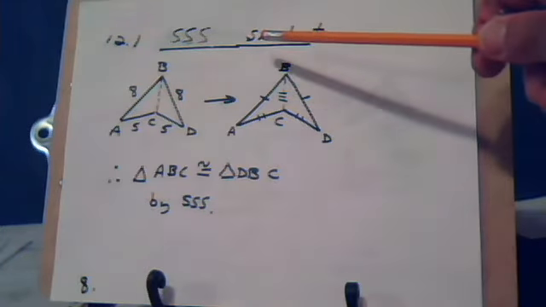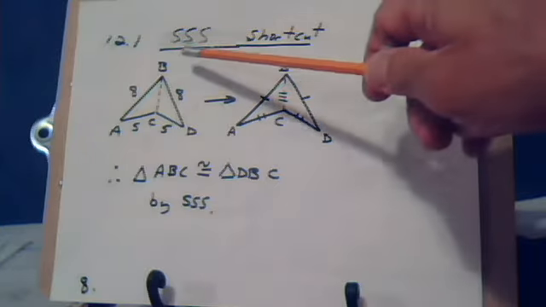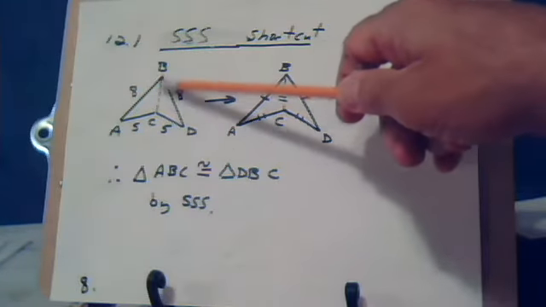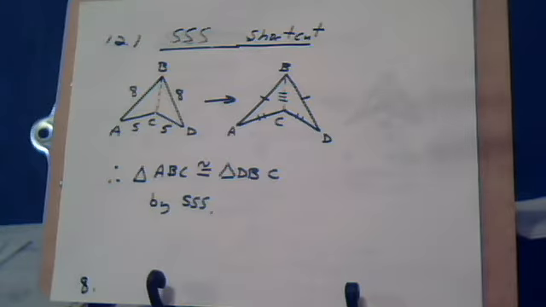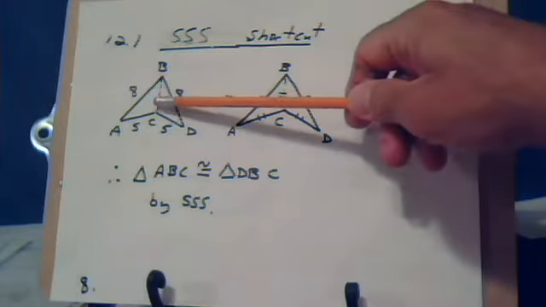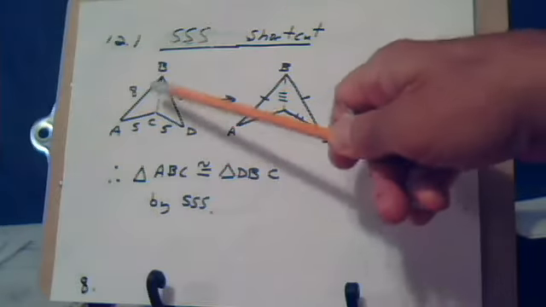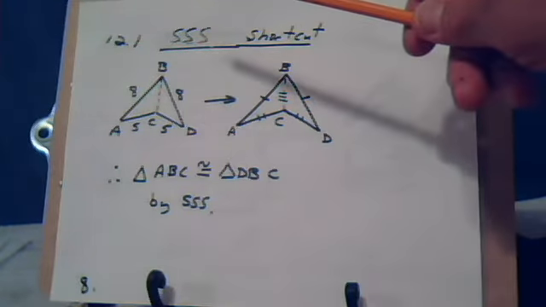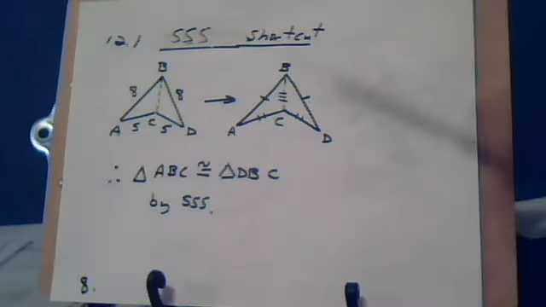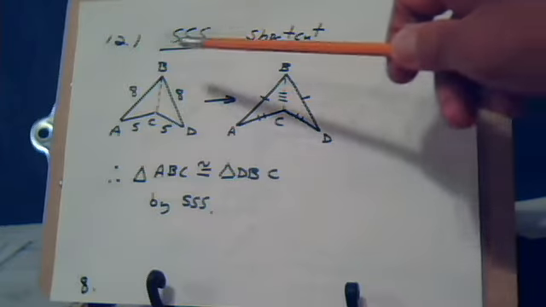This is a shortcut for congruence. So if you could demonstrate that three sides of one triangle are congruent to three sides of the other triangle, that's enough. You could stop there and conclude that two triangles are congruent. So notice this first triangle, triangle ABC, we have that 8, we have the 5. Triangle DBC, we have the 8 and the 5.